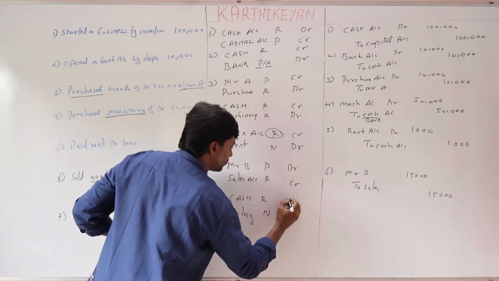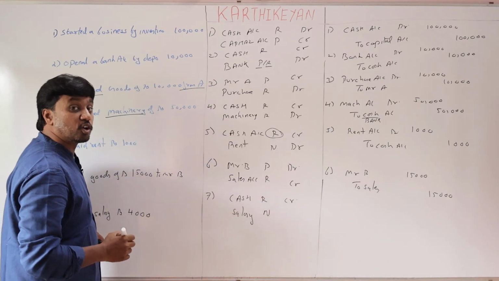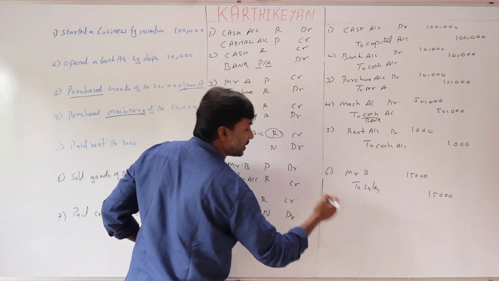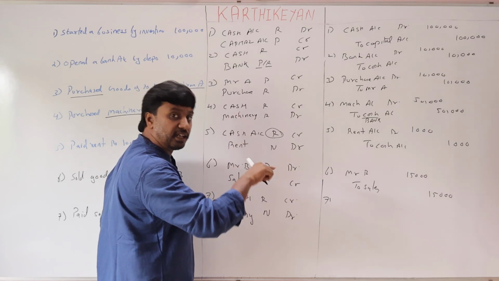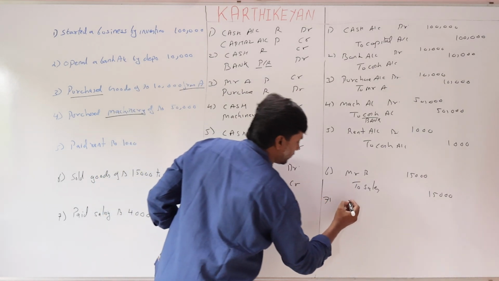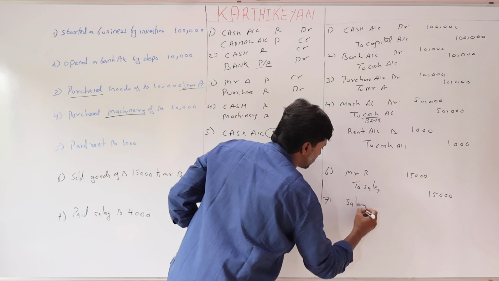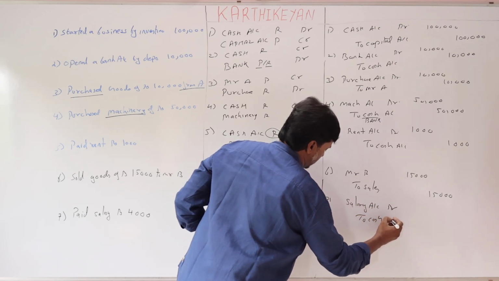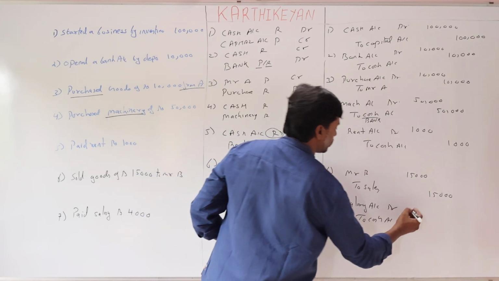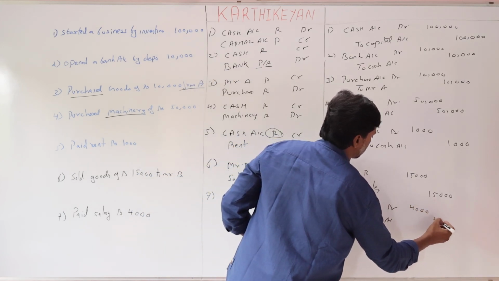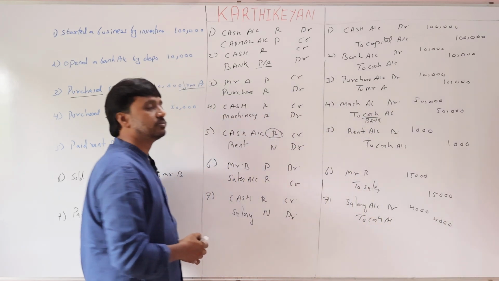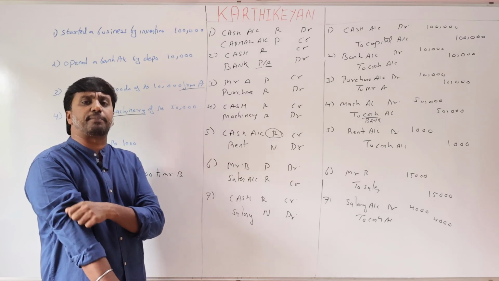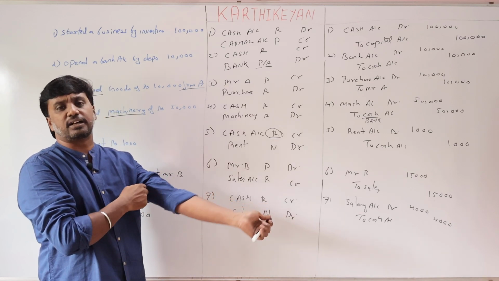Going out. Credited. Salary is your expense, debit expense and loss. Now while writing the journal entry, as you can see, first the account which is being debited, then the account which is being credited. So it is salary account debited to cash account, rupees 4,000. Getting the concept of journal entries, right? You will not have that many complex journal entries, but the basic funda will remain the same.